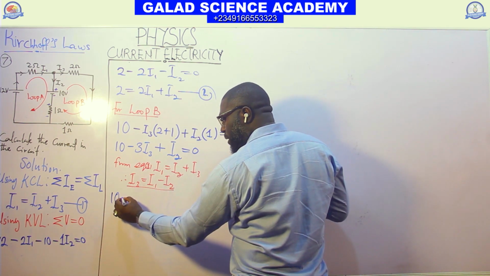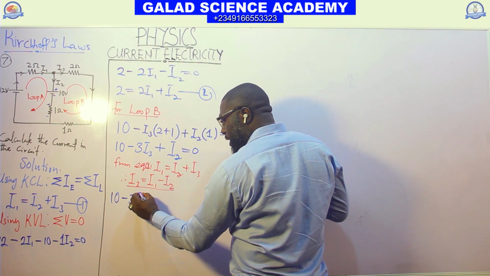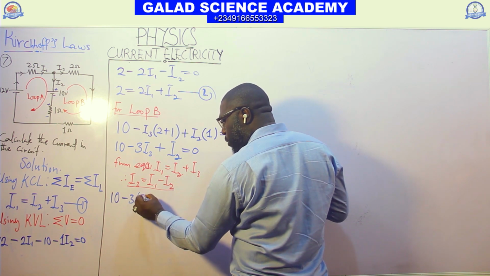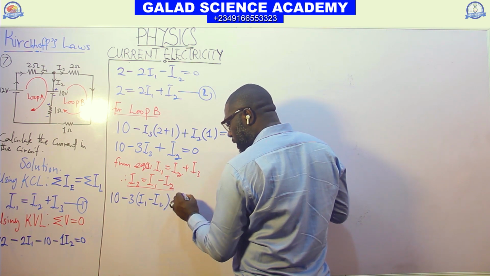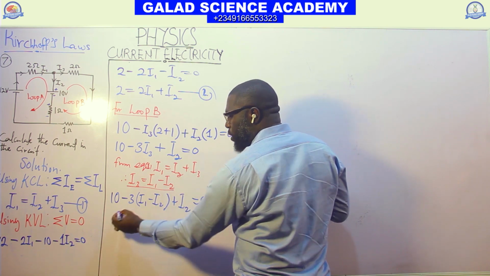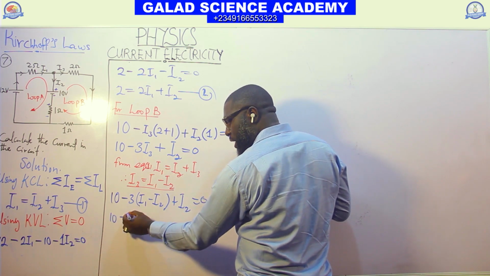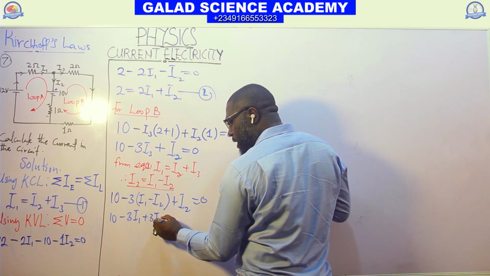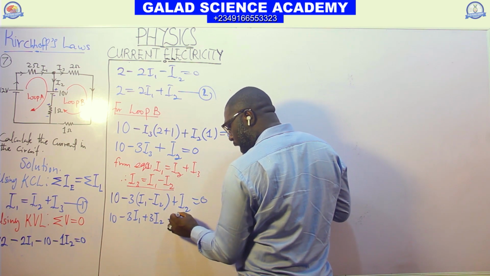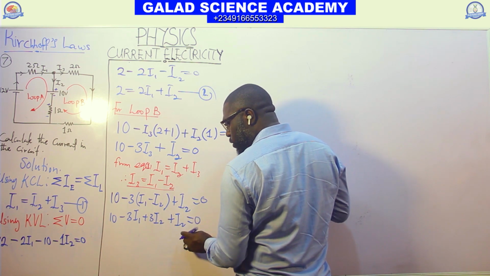We are left with 10 minus 3 times (I1 minus I2) plus I2 equal to 0. This will be 10 minus 3I1 plus 3I2 plus I2 equal to 0.